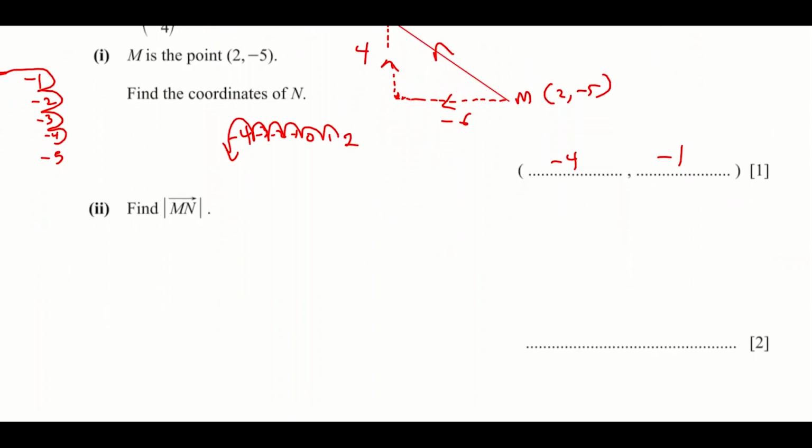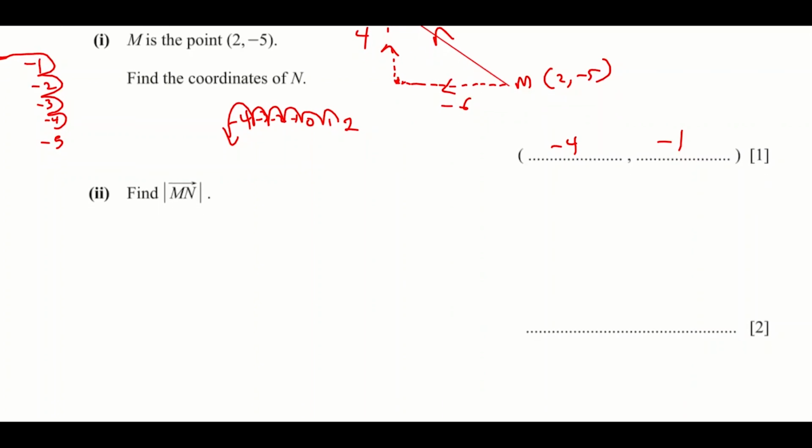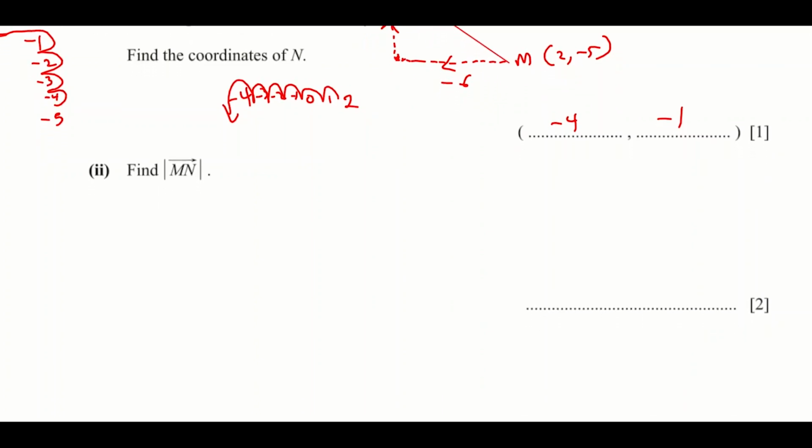Then Roman figure 2, find the modulus, or the magnitude, of MN. So MN could be written as negative 6x plus 4y, or you can just say minus 6i plus 4j, whatever.